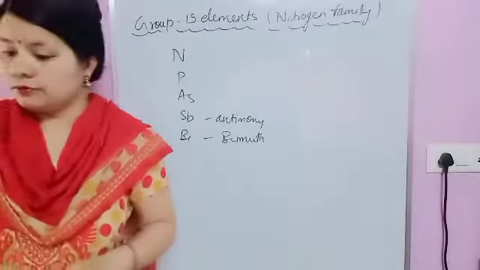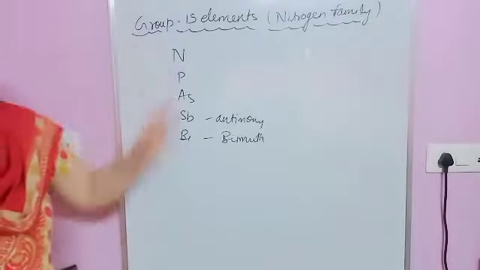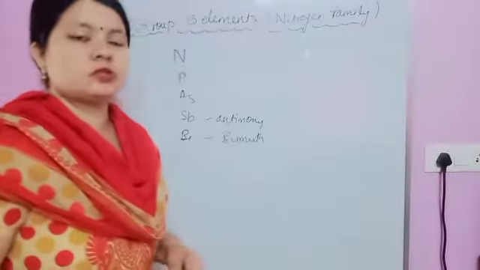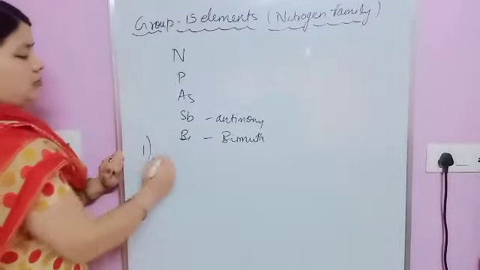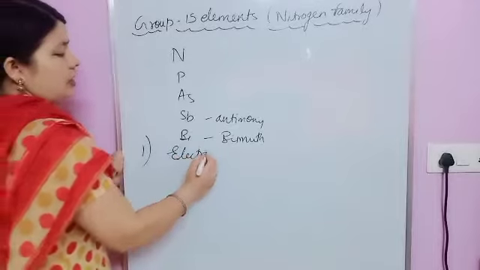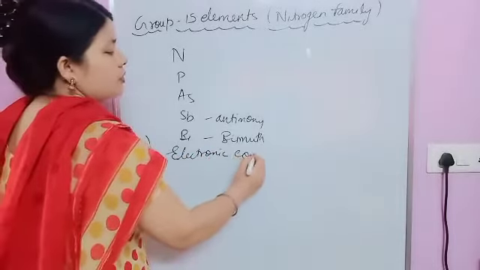So this is your group: nitrogen, phosphorus, arsenic, antimony, and bismuth. Now first of all, our general characteristics in group 15: the first one is electronic configuration.